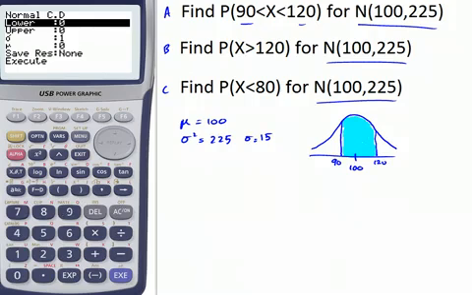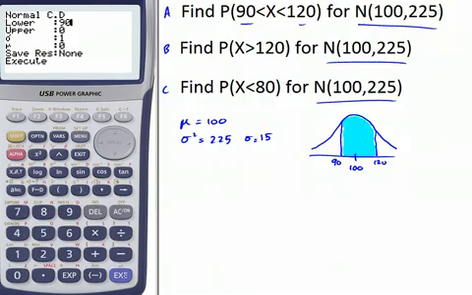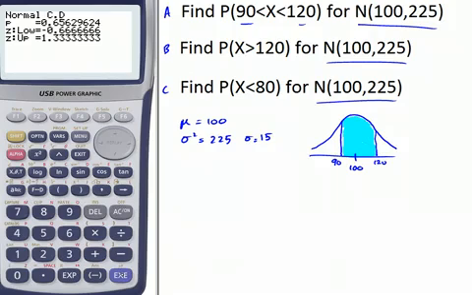So for our lower we put down 90, execute. Our upper is 120, execute. Our standard deviation is 15 and our mean 100. Press the button for that one, move down, calculate or execute on that, and we get our answer.